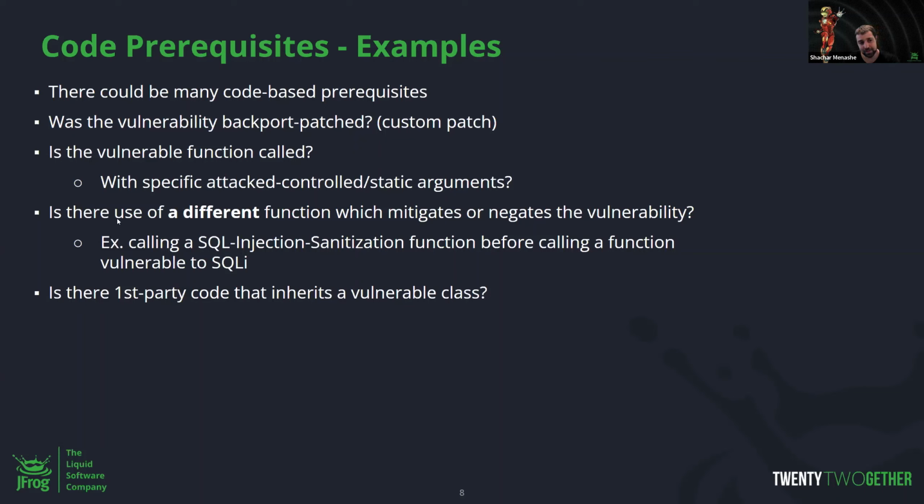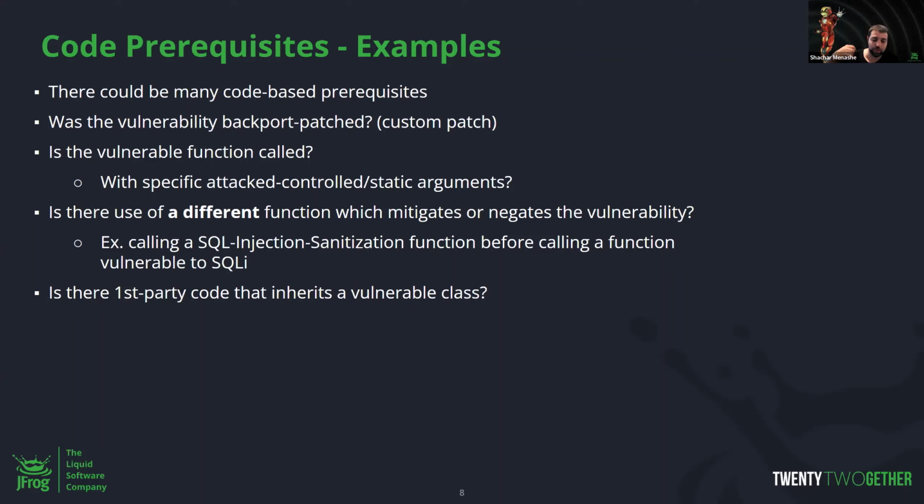In some cases, there's actually a different function that, if you call it, mitigates this CVE. For example, let's say there's a SQL injection CVE. There could be a different function in the same library that, if you call it, mitigates the CVE. The problem is that this data will not always be present in the CVE description.